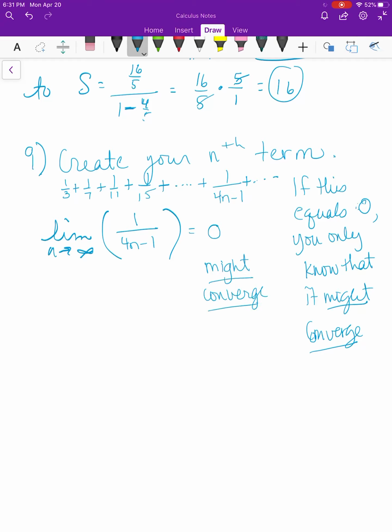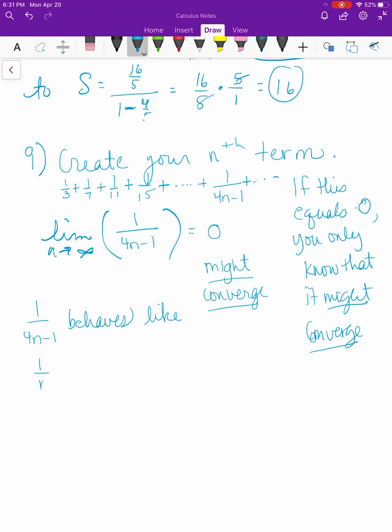That should give you all of your terms that you're producing here. So when you look at putting infinity in there, you do get 0. So all you know is that it might converge.